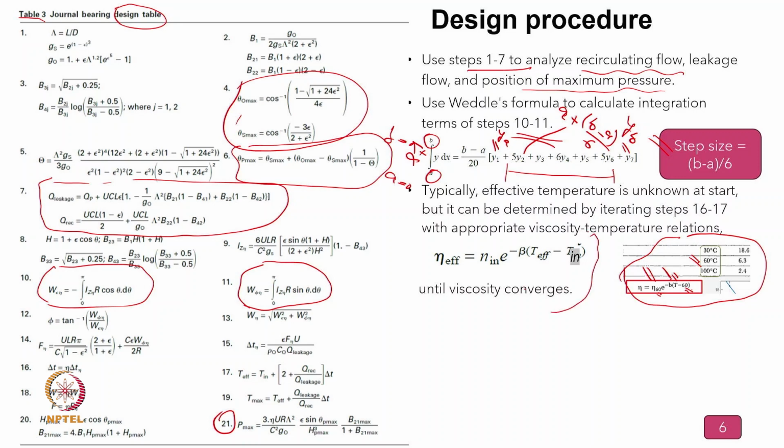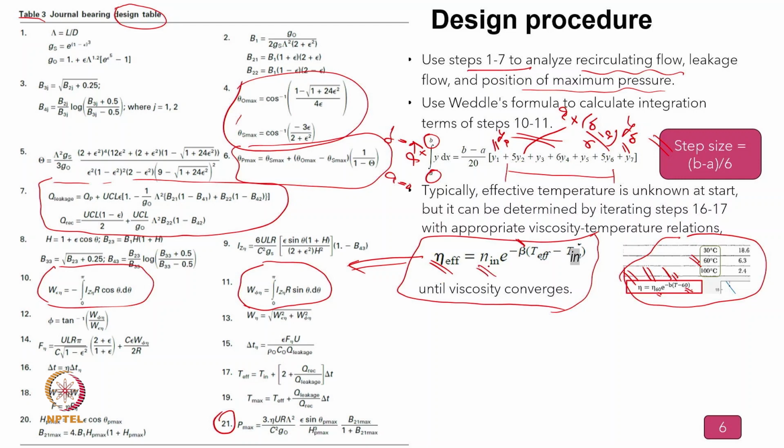Similarly, it has been mentioned here in a little more refined manner. We say eta effective. Here we were talking about only the temperature which has been given, so that value of B, or in this case particularly beta, can be calculated. But when we are trying to use it in expressions, particularly the design table, where we do not know the temperature at all in the beginning, we need to give this expression.